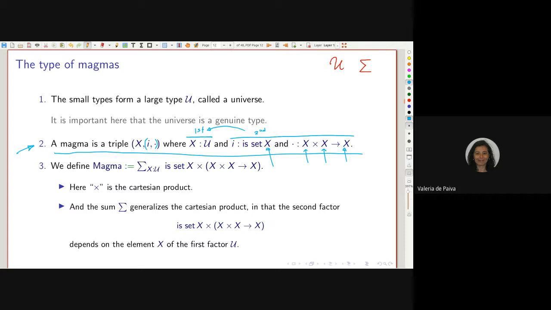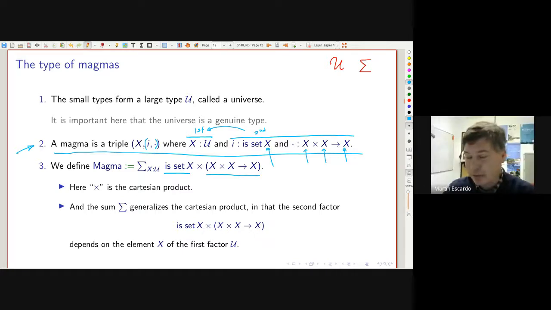Right, but it's also using the Cartesian product. That's the thing that I'm thinking comes from nowhere there, right? Okay, the Cartesian product is a special case of the sigma type, actually, where the second component doesn't depend on the first.